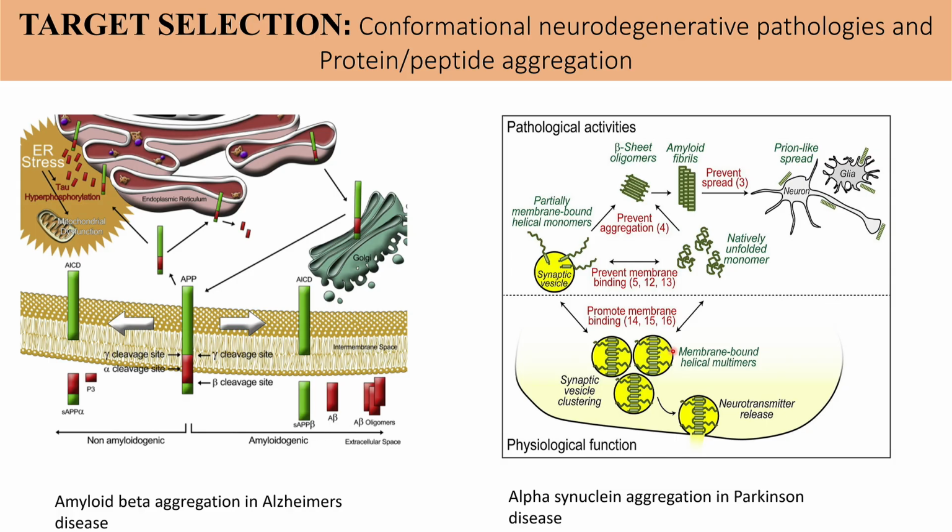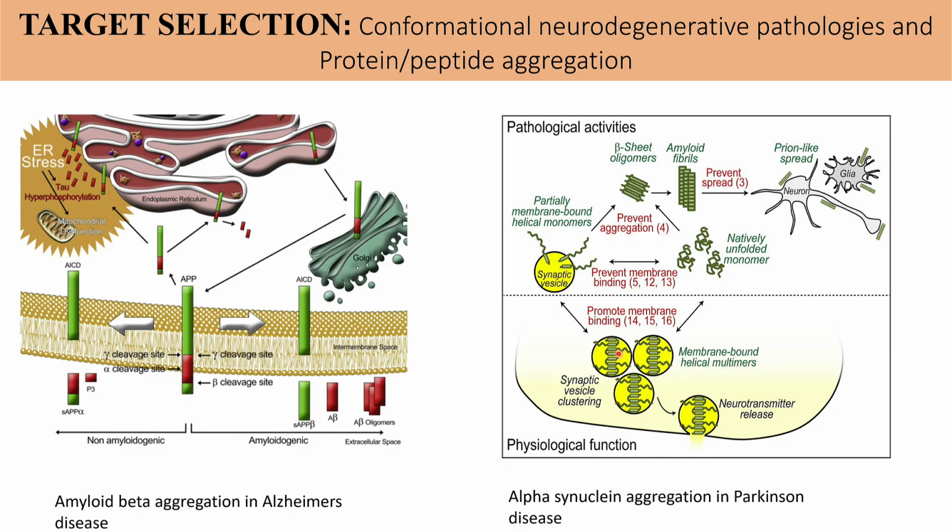Now in Parkinson's disease, your alpha synuclein protein, physiologically, is a very normal protein, very important for synaptic transmission. It is present in the synaptic vesicles, and there its C terminal is slightly exposed outside of the vesicles. I hope you know what synaptic vesicles are. They carry the neurotransmitters, which fuse with the presynaptic membrane and release the neurotransmitter out of the neurons.